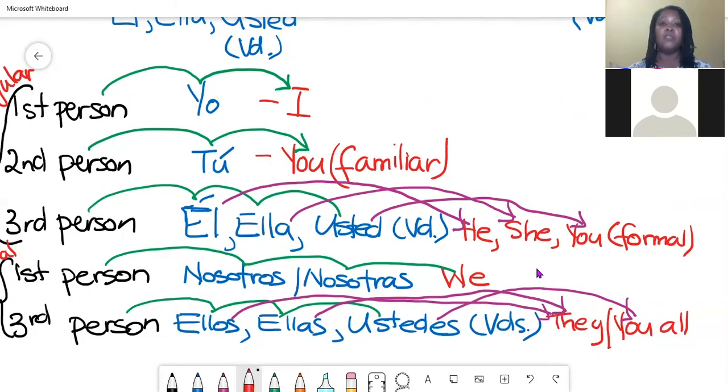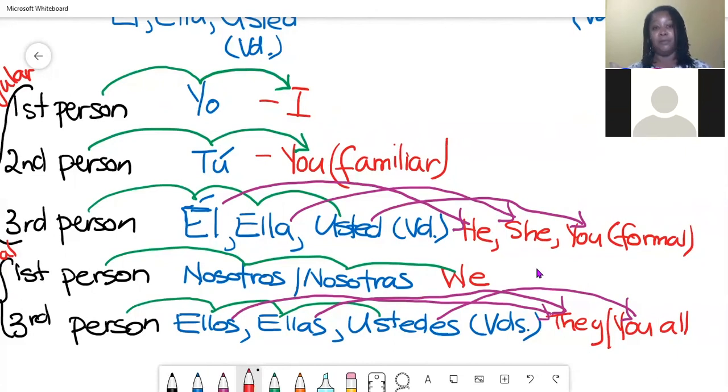One, you want to become familiar with these words. You want to know what they mean. So if you see them in a comprehension passage, you know what they mean. If you have to use them in writing, you know how to use them. Another reason why you want to actually learn them is that you want to be able to switch them out at any given point in time.